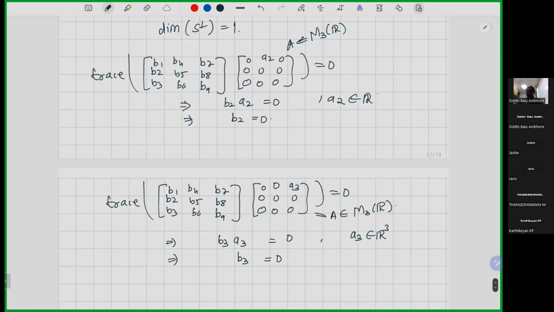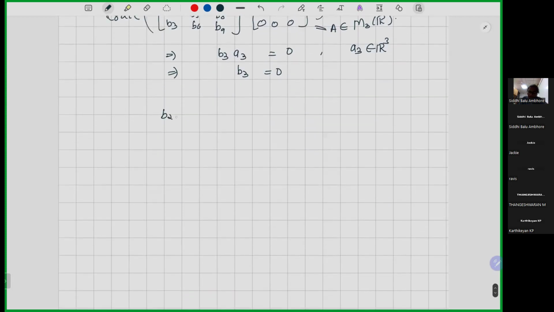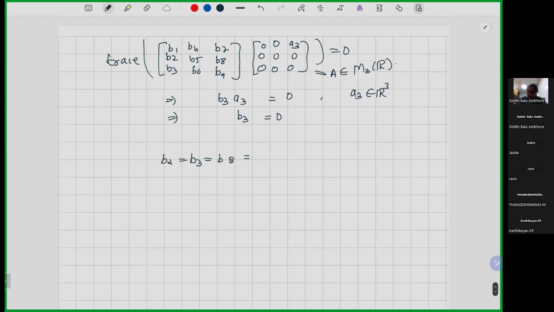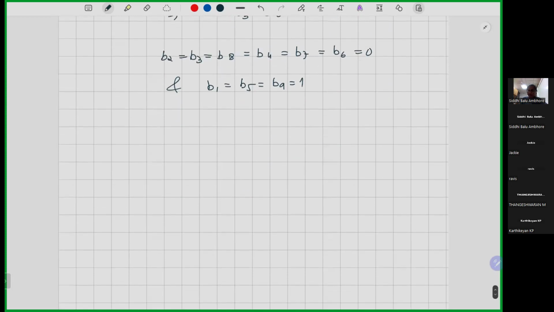So eventually you will get B2 is equal to B3 is equal to B8 is equal to B4 is equal to B7 is equal to B6 to be 0, and B1 is equal to B5 is equal to B9 is equal to 1, and S perp becomes this as I already wrote: C times the identity, where C in R. I hope you got the point.